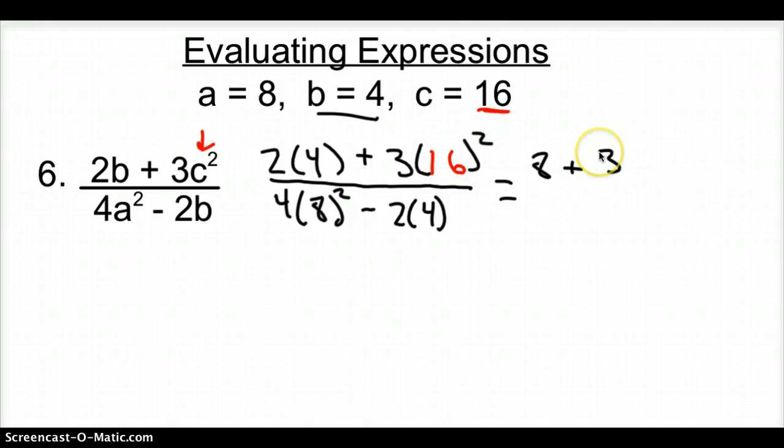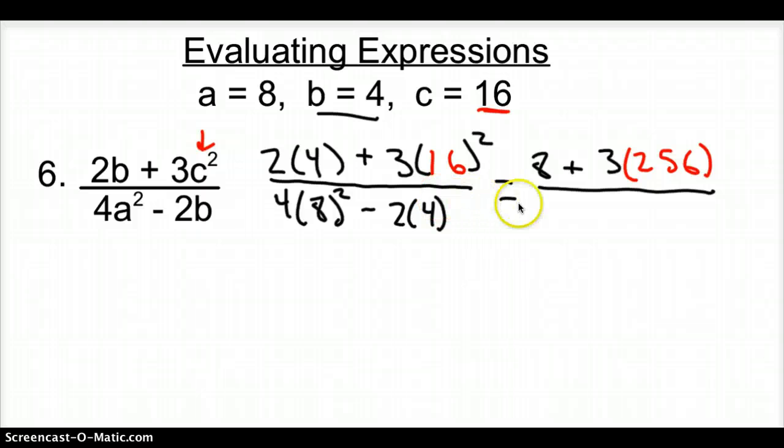So we have 3, and then in red, I'm going to show you that 16 squared is 256, and that goes over. We have 4 times 8 squared. Again, I'm going to put that in red. 8 squared is 64, and close that up, minus 8. We keep going from here.